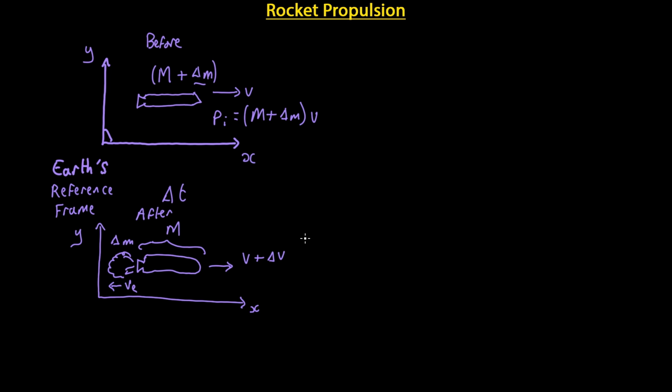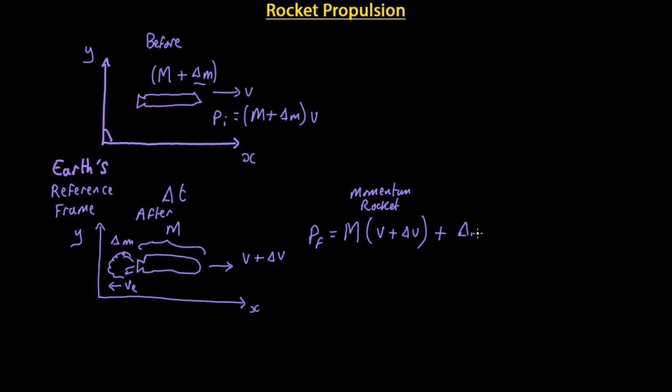So the final momentum of this rocket is equal to the mass of the rocket multiplied by the rocket's new velocity, so velocity plus delta V, and this is the momentum of the rocket. But we also need to include the momentum of the exhaust gases.